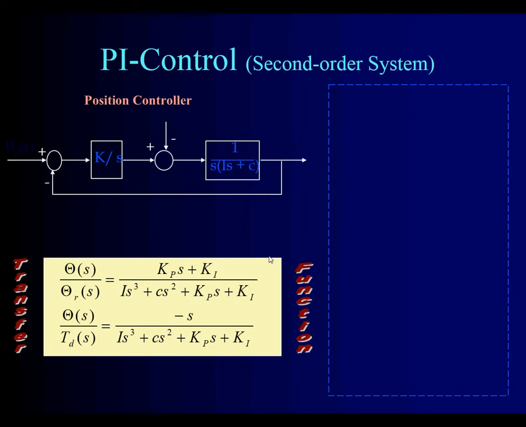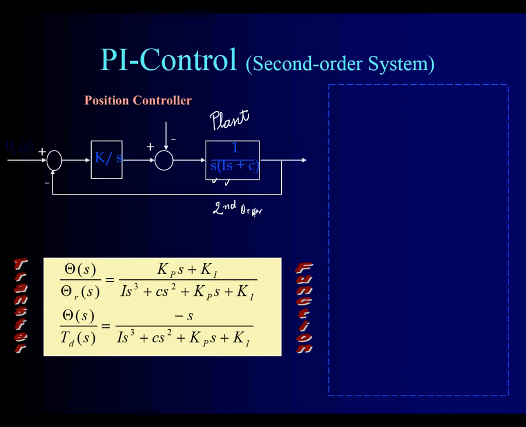If you have a system whose plant now is a little different, so I'm going to write in here again, this is the plant, but because of this, it is second order.